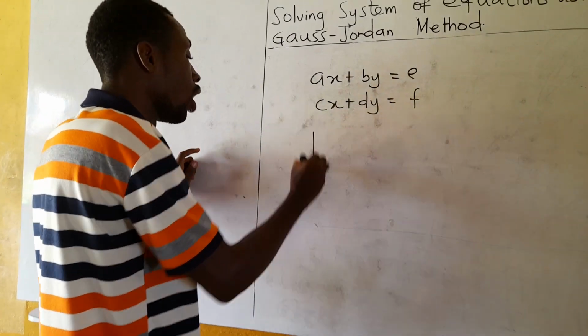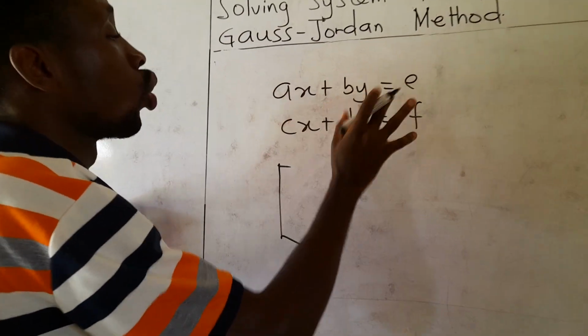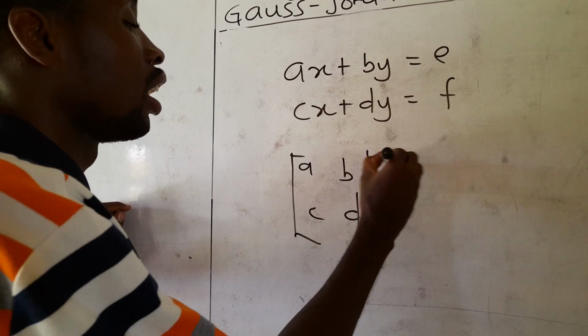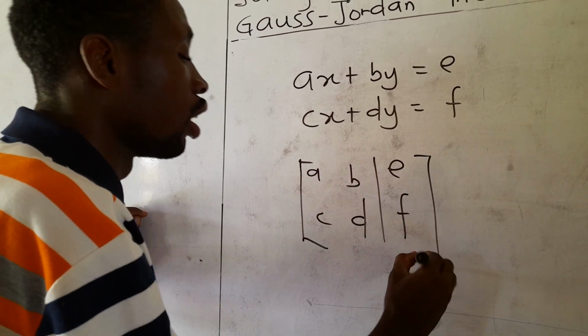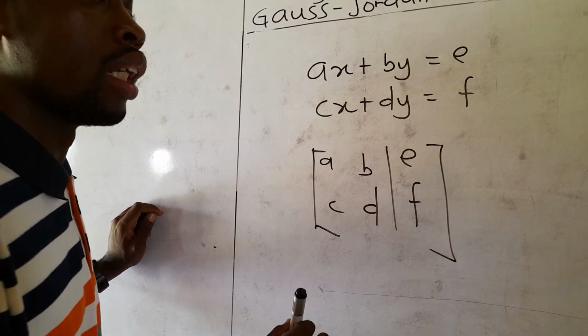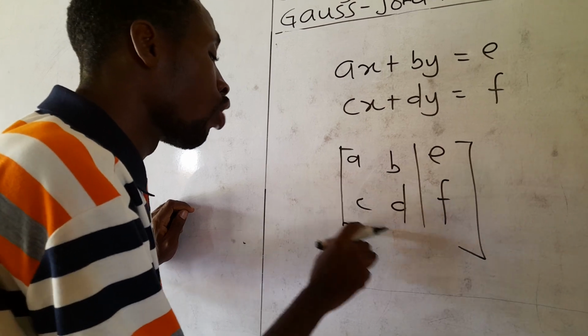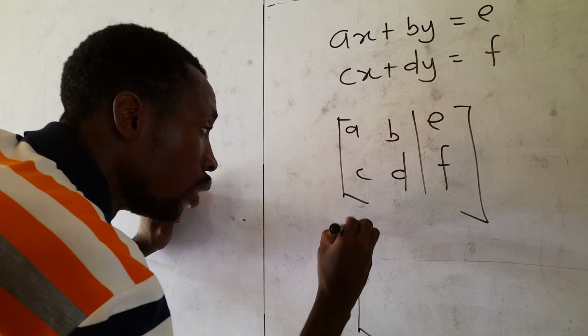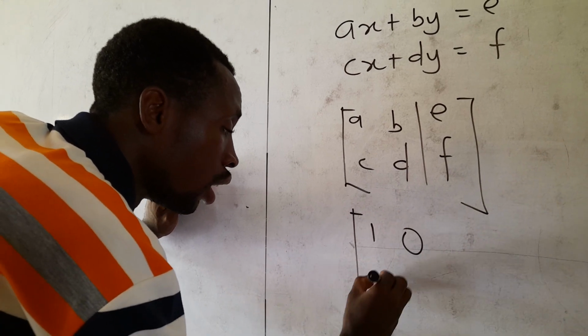So after we form the augmented matrix from these two unknown variables, A, B, C, D, E, F, okay? This is the augmented matrix. All the entries in the leading diagonal, you make them 1. And all the entries below and above the leading diagonal, you make them 0. So this will be 1, 0, 0, 1.